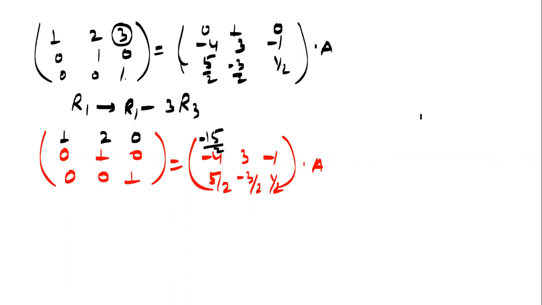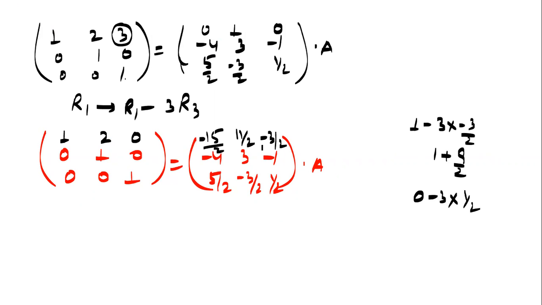Then R1, that is 1 minus 3 into minus 3/2, 1 plus 9/2, that is 11/2. Similarly, 0 minus 3 into half. It will become this.